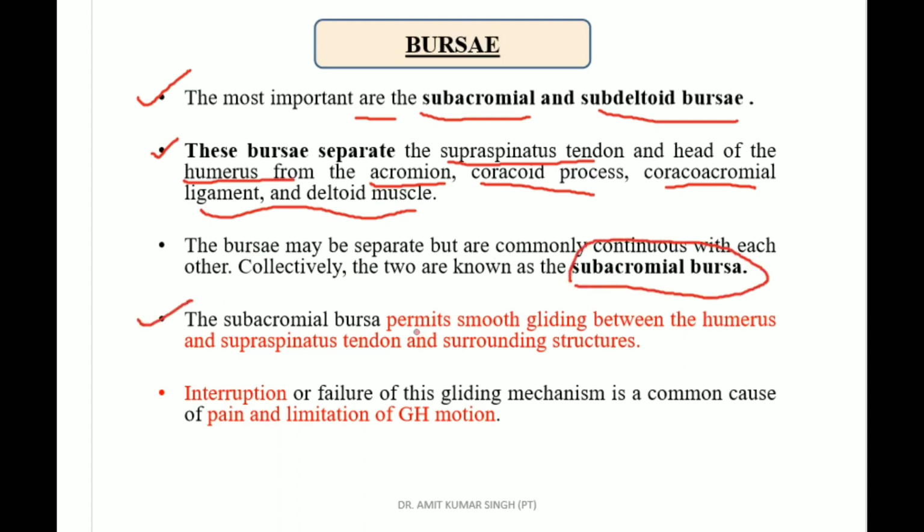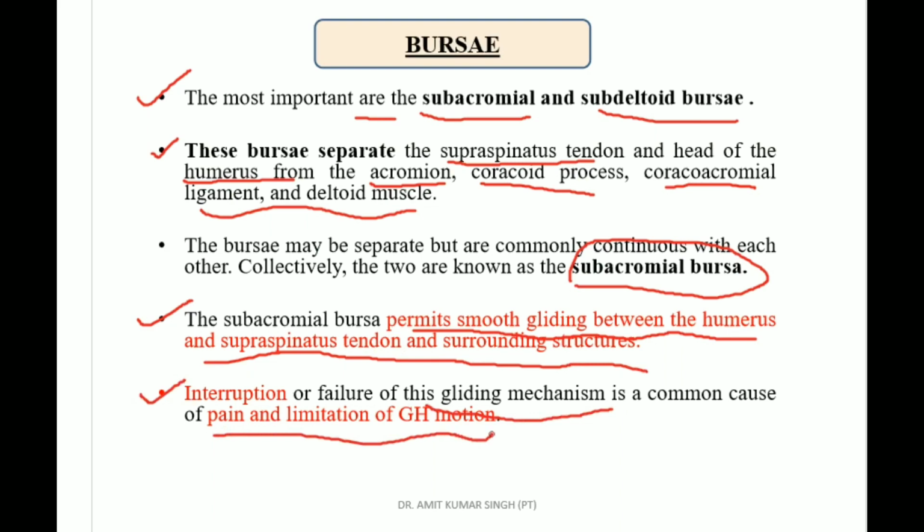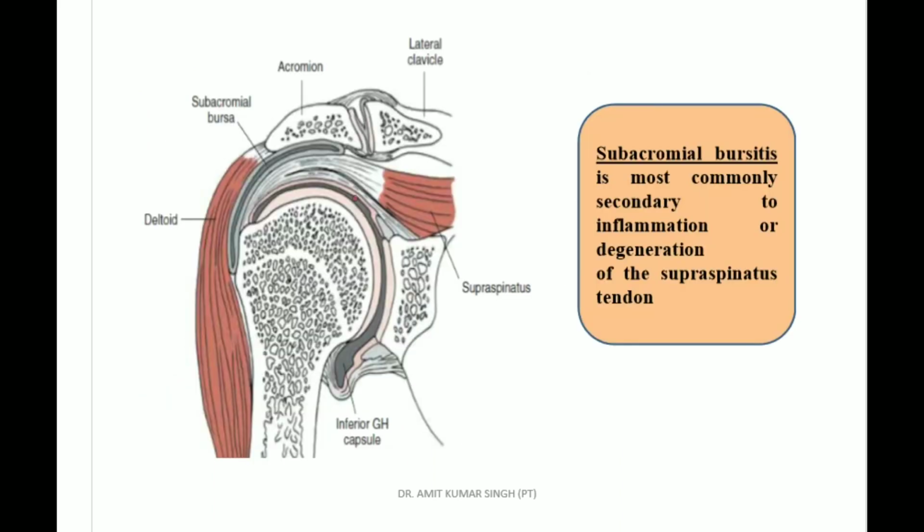Function: the subacromial bursa permits smooth gliding between the humerus, the supraspinatus tendon, and surrounding structures. If there is any interruption or failure of this gliding mechanism, it causes pain and limitation of glenohumeral motion. If you see here in the diagram, this is our bursa.